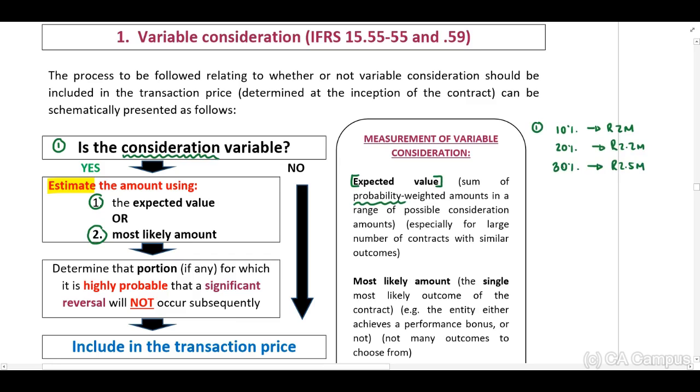If we weigh this, 10% of the 2 million will be 200,000. 20% of the 2.2 million will be 440,000, and 30% will be an amount of 750,000. Therefore, the estimated revenue that we may recognize will be 1,390,000. Compared to our most likely amount, this will be the single most likely outcome of the contract.